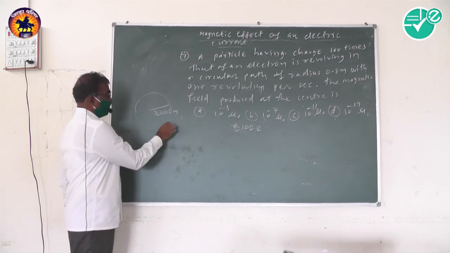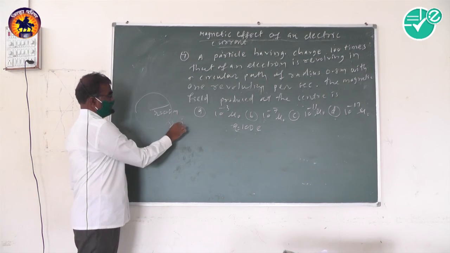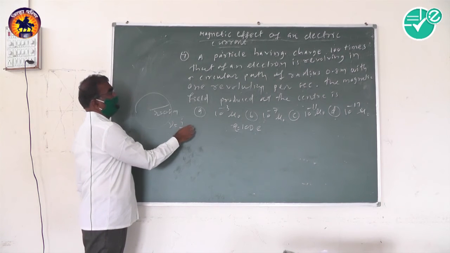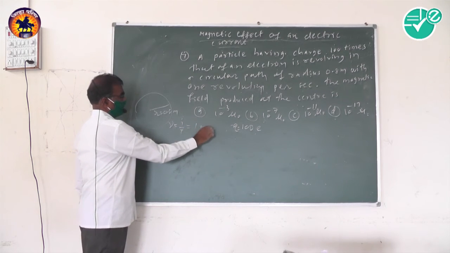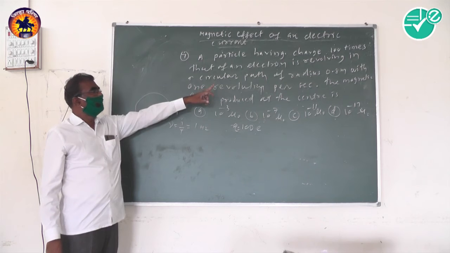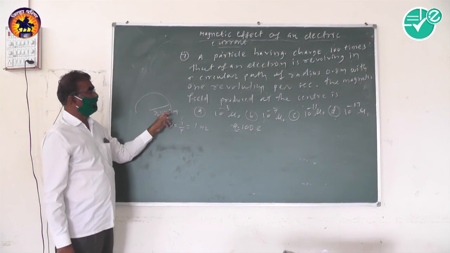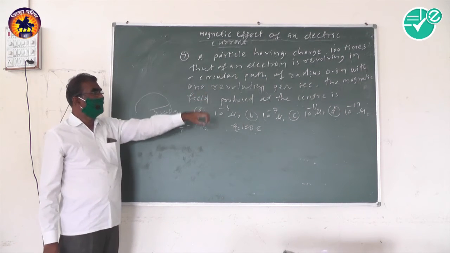It means that the frequency 1 by T is given, that is 1 hertz. The electron moves 1 revolution per second in the circular path.